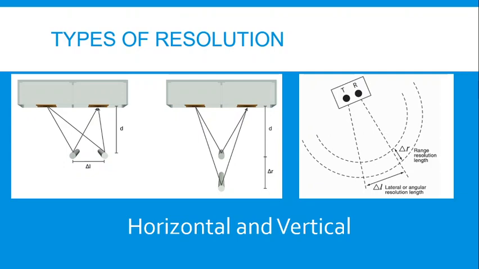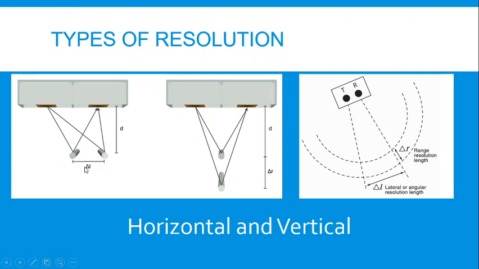So in these images, in the image on the left, basically you can see the antenna. There is an emitter and a receiver. We have two different objects at the same depth level in the first case in this image, and we have to investigate what minimum separation should be there to distinguish these two different objects.